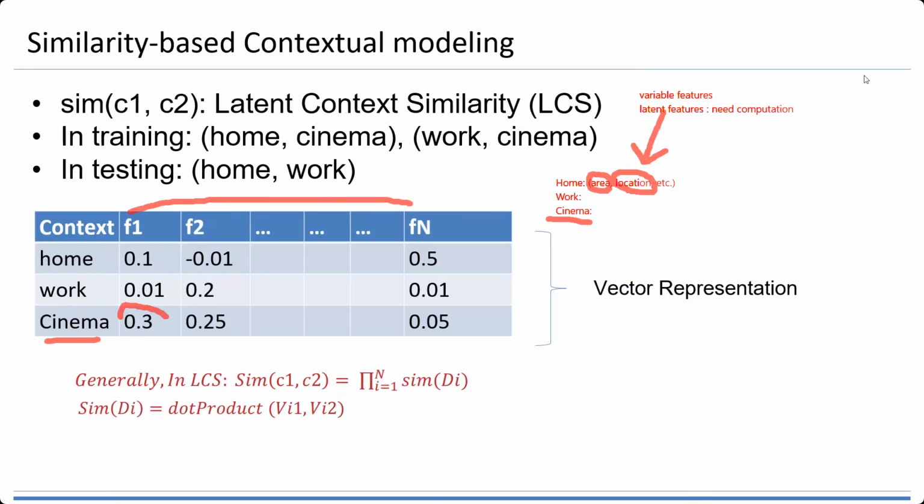So if you need the computation, it means you will use something like matrix factorization and so on. If we have these features, then you can calculate the similarity.